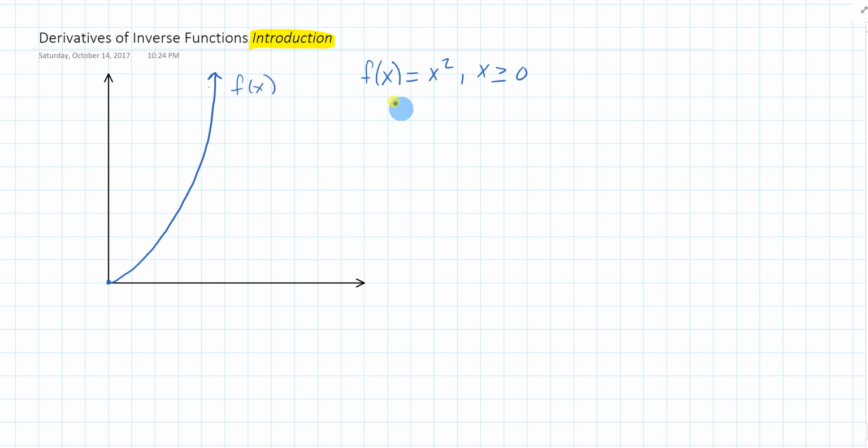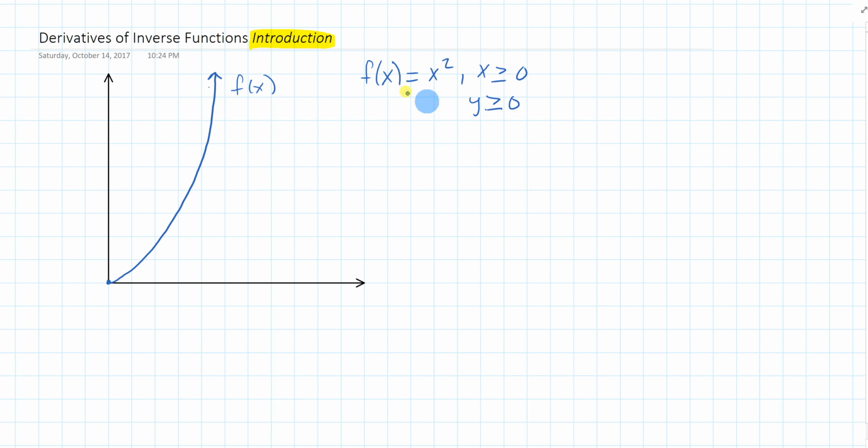The inverse function, if you were to take the inverse of this function on this restricted domain, which I should also note that the range is also from 0 to infinity, just by looking at the graph.